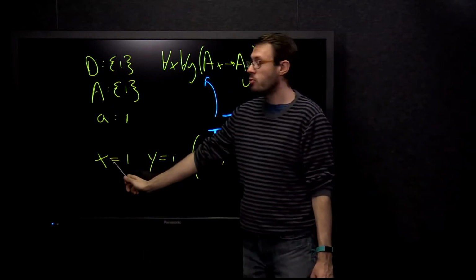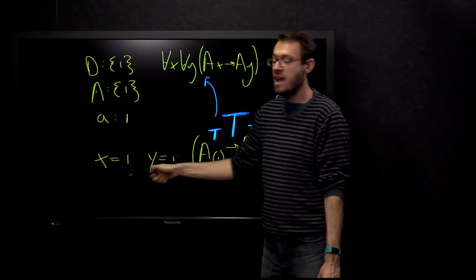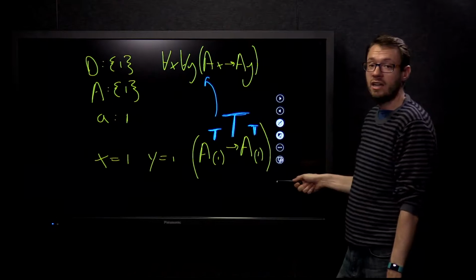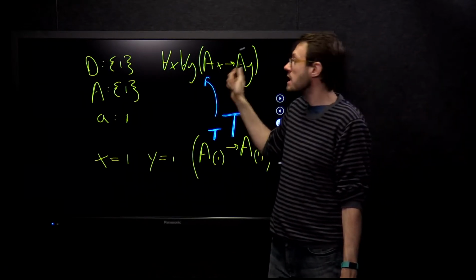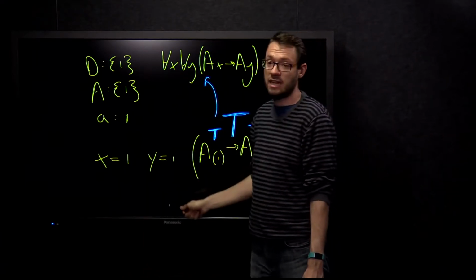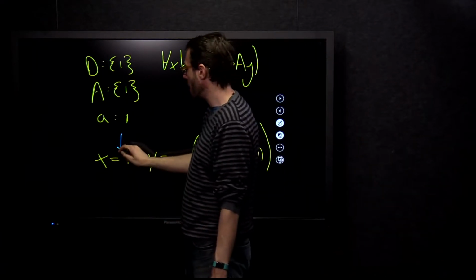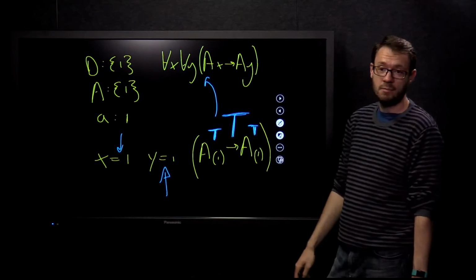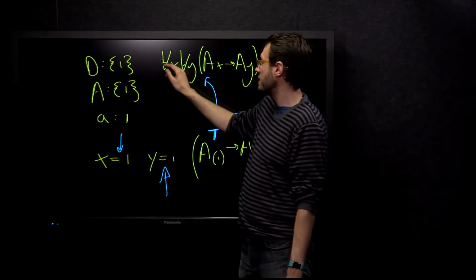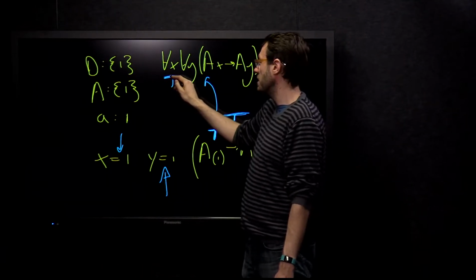Because there's only one possible value for x and one possible value for y, there's only one situation to check, and I've checked this situation, and so I know that this doubly quantified sentence is true for every value of x and every value of y. No matter what I put in here, and no matter what I put in here, this conditional over here comes out true, and so I know that this entire sentence up here is true.